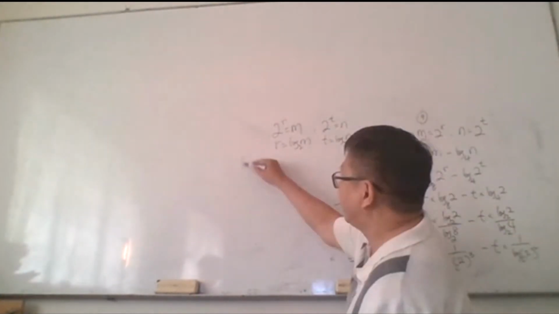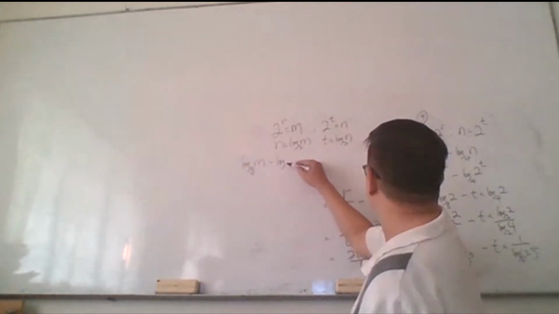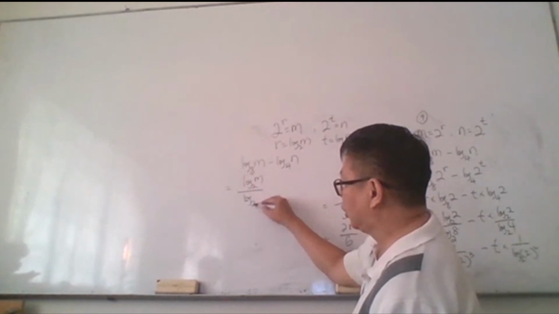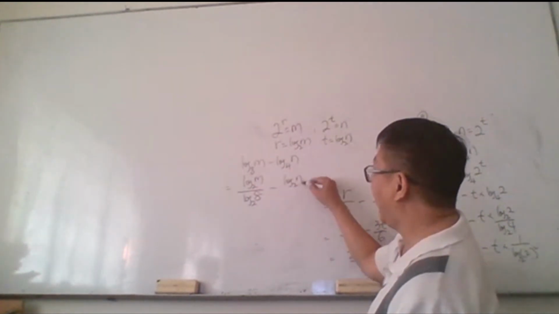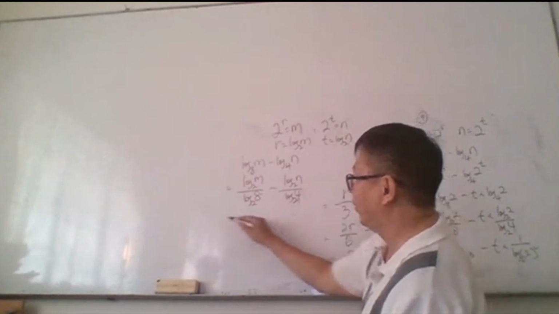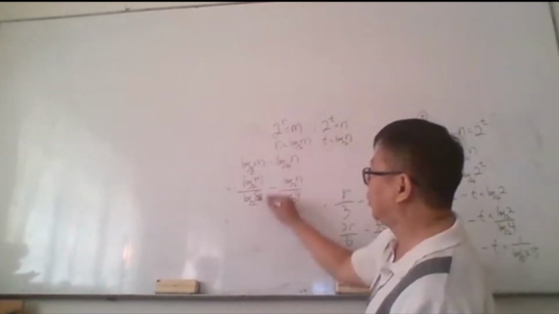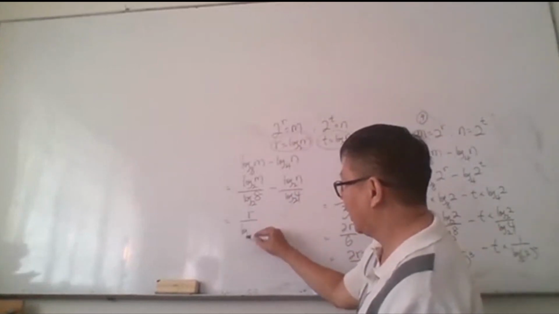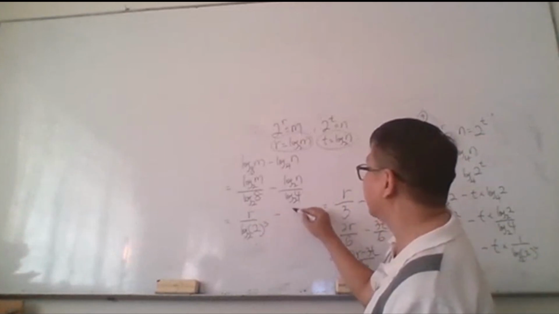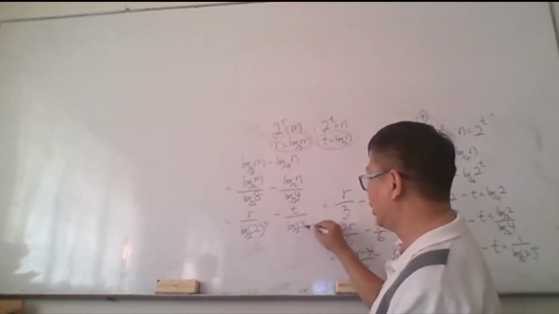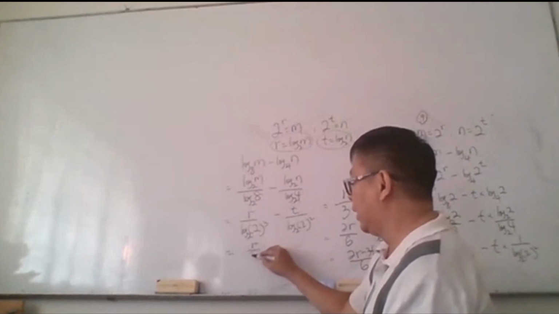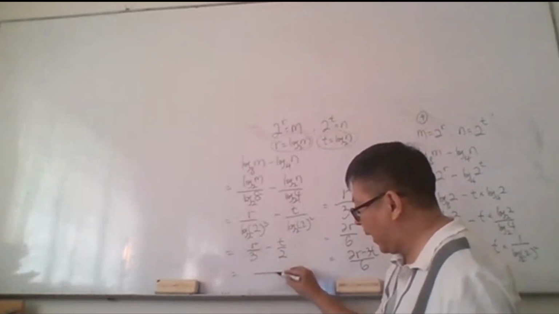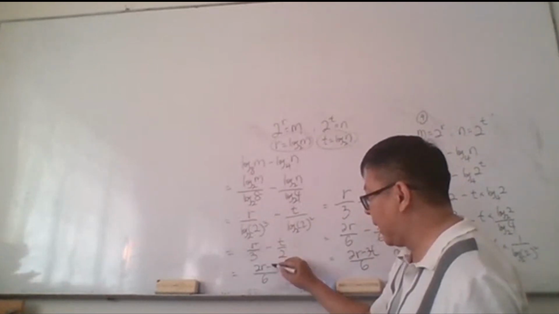I put r equals log 2, m, and 2^t equals n, so t equals log 2, n. Then log 8m minus log 4n becomes log 2, m over log 2, 8 minus log 2, n over log 2, 4. Log 2, m is r and log 2, n is t, so r over log 2, 2^3 minus t over log 2, 2^2. That gives r over 3 minus t over 2. Then use the LCM of 6, which will be 2r minus 3t over 6.